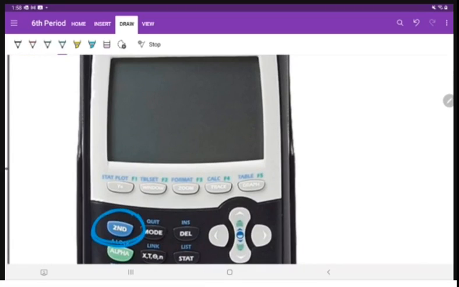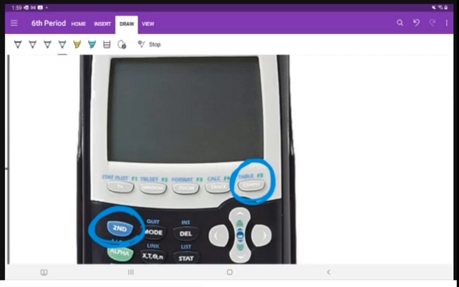Click second and table. So you have to click the buttons in that order. The second key is basically like a shift. It's like shifting to capitalize something. So we're kind of shifting and then hitting the graph button, but when you're holding the shift in, it actually makes it select table instead. So that's what the blue button does. So we're hitting second table.